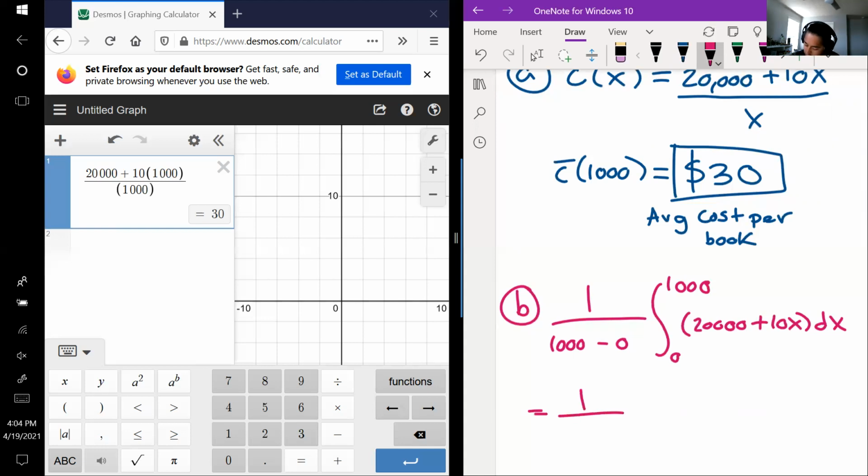So we get 1 over 1,000, and we are ready to find the antiderivative. The antiderivative of 20,000 is just 20,000x. The antiderivative of 10x is going to be 10 times x squared over 2.